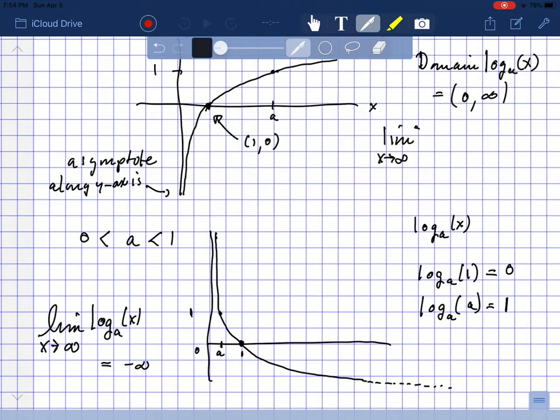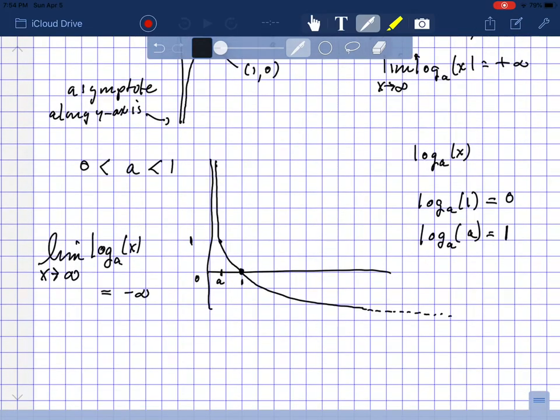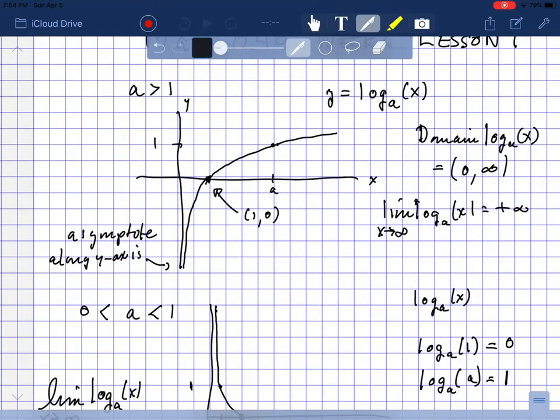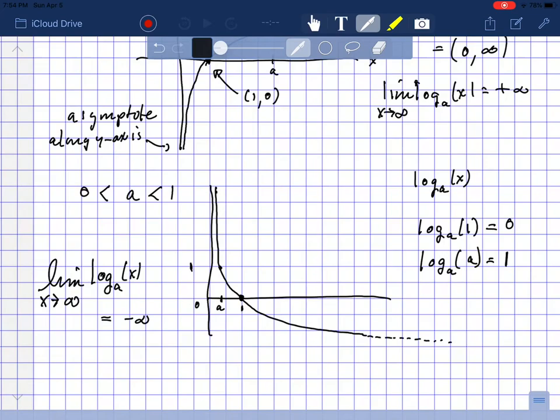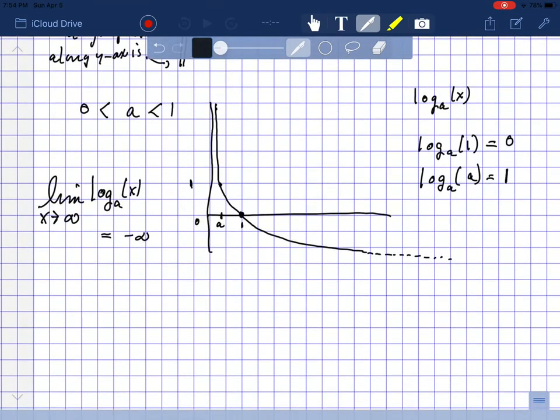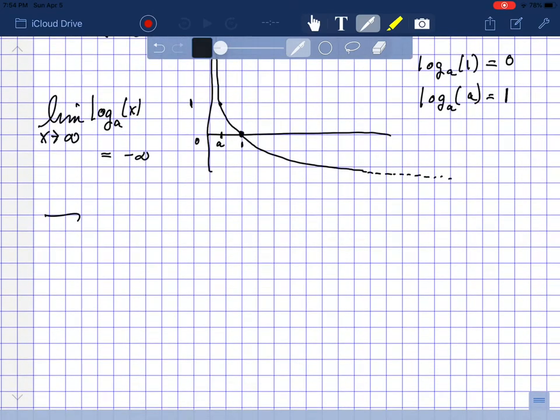And up here, the limit as x goes to infinity of the log base a of x is equal to plus infinity. So our graph continues increasing without bound. As x gets bigger, the values of y keep on getting bigger and bigger, and there's no bound. So there are no horizontal asymptotes. The asymptotes are just the vertical asymptotes.